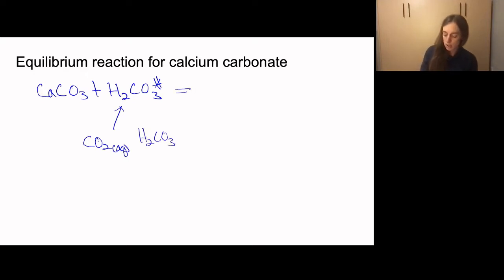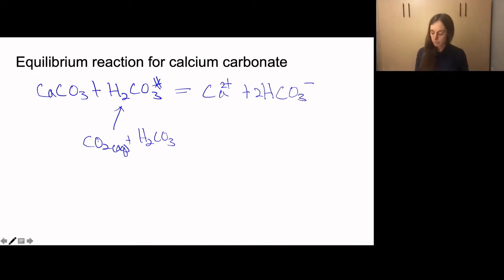So that is in equilibrium with our calcium ion, Ca2+, and our bicarbonate, and it's 2 bicarbonate, because we need to balance out our charge here.